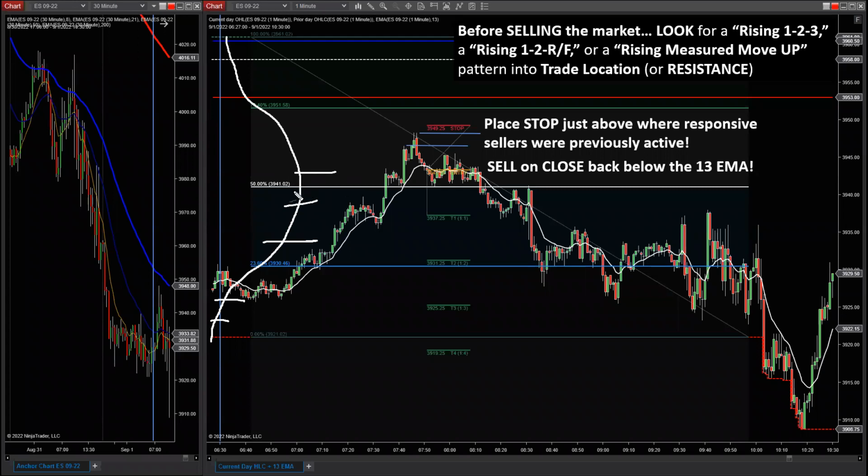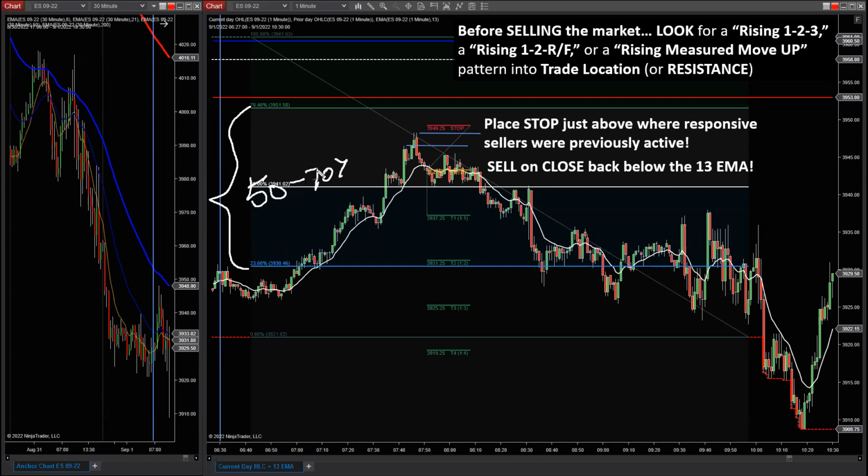The idea with the Fibonacci's is you're using them as fair value. So this is where 50 to 70% of the volume, or 50 to 70% of the price action, is trading.